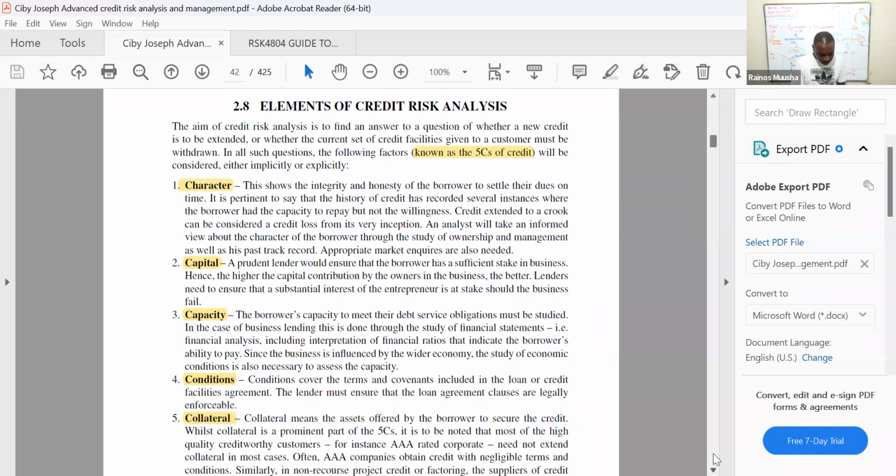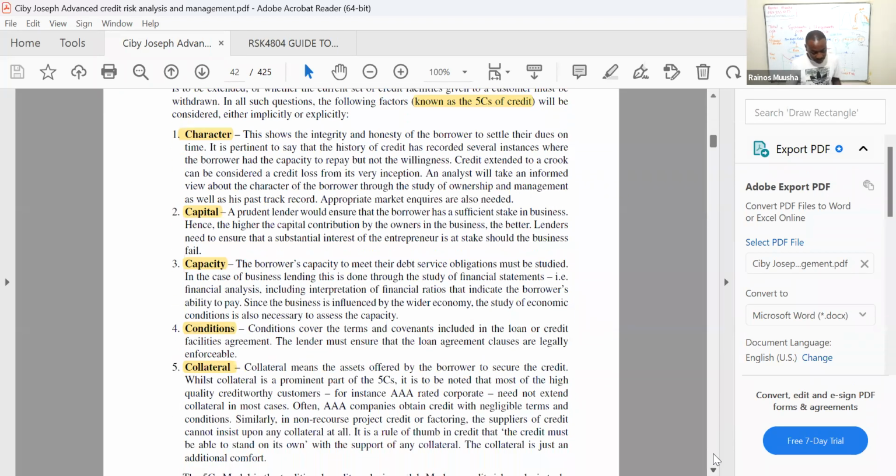The next one is capacity. And here they say, the borrower's capacity to meet their debt service obligations must be studied. So in the case of business lending, this is done through the study of financial statements, that is financial analysis, including interpretation of financial ratios that indicate the borrower's ability to repay.